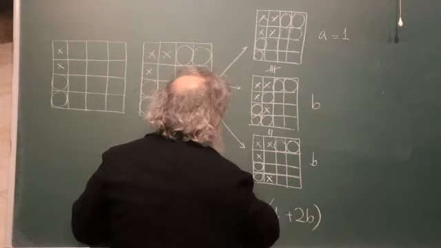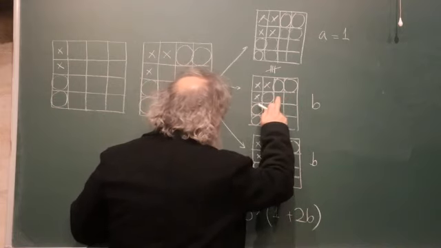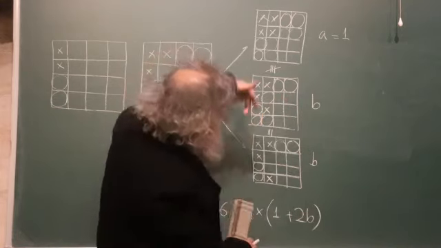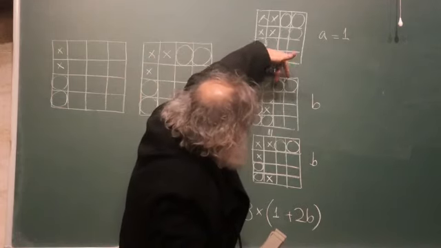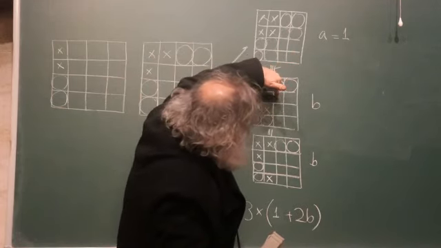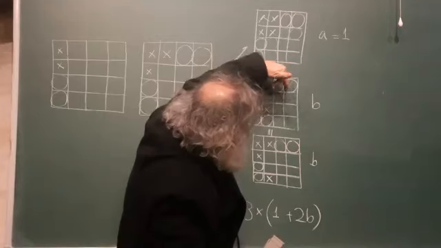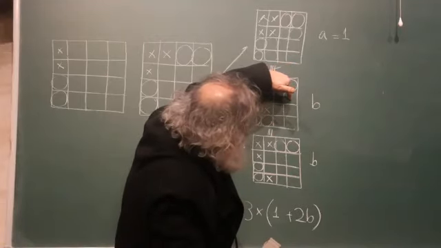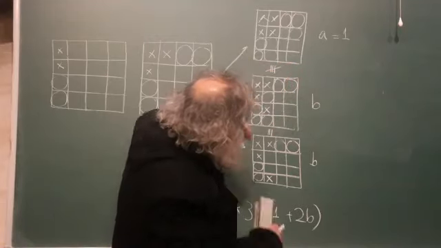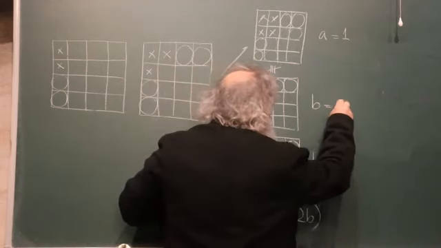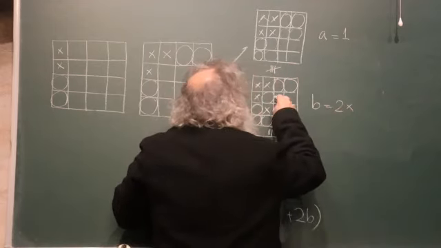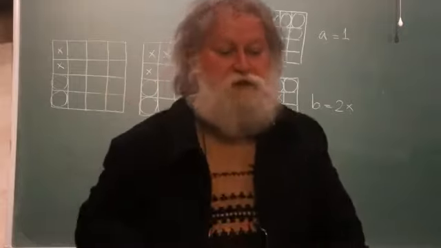Either this or this. Not both. Only one. But these are equivalent. If you exchange these two, if you color this, then when you exchange, this will be colored. So B is two times the number of configurations you can get with this.